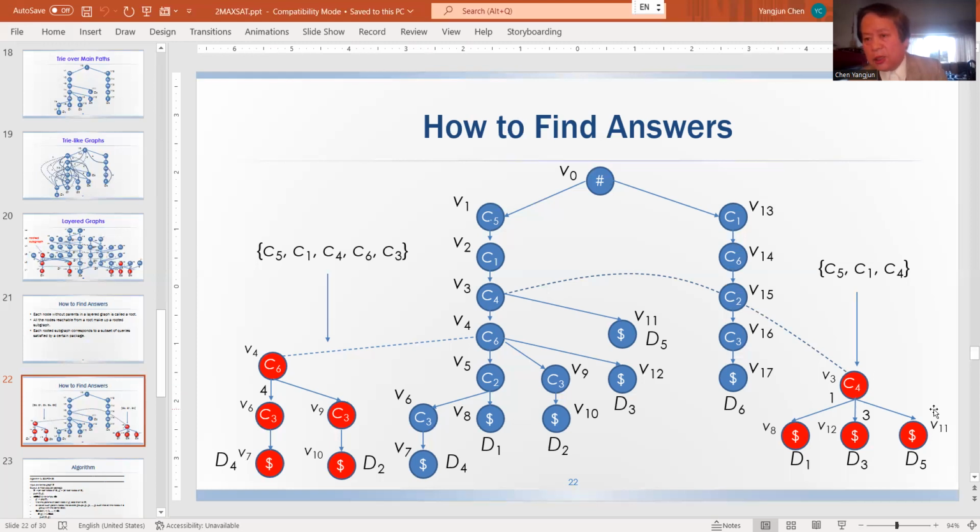You can see another example. In this example, we have a rooted graph which contains 4 nodes. This rooted subgraph identifies a set of conjunctions D1, D3, D5, which can be satisfied by a truth assignment represented by this set of variables.